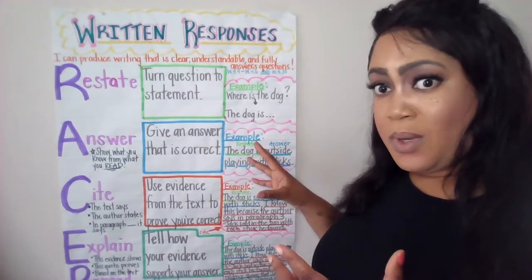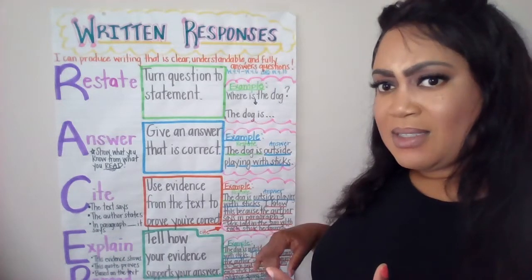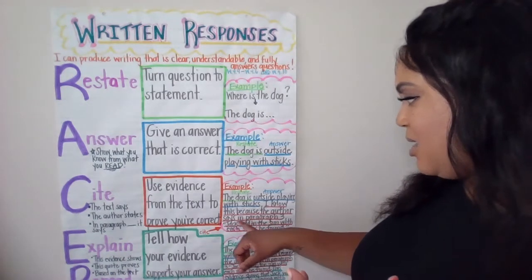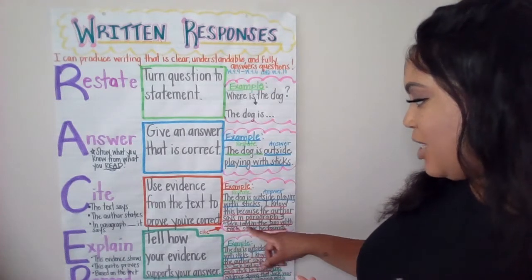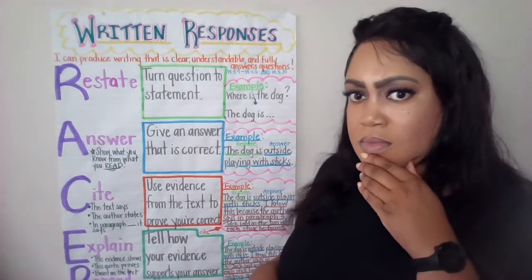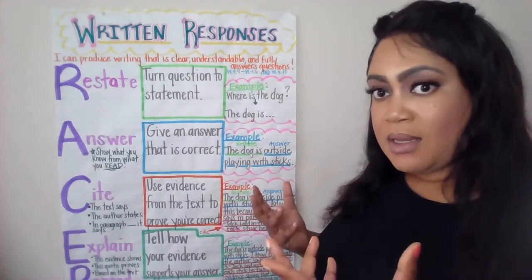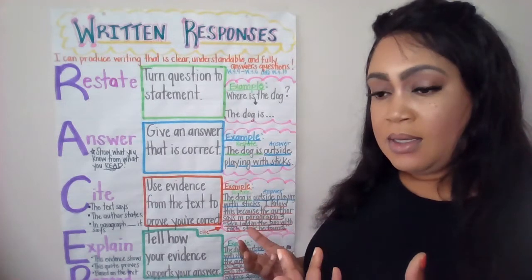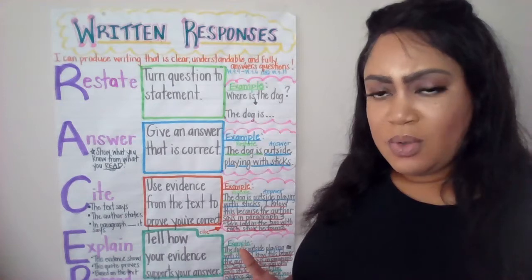Because my answer is kind of weak based on my evidence. I said my evidence is, I know this because the author says in paragraph 3, Jack laid in the sun with each stick he found. How could I come back up here and beef up my answer and make it a fully responsive answer, an answer that fully answers the question?